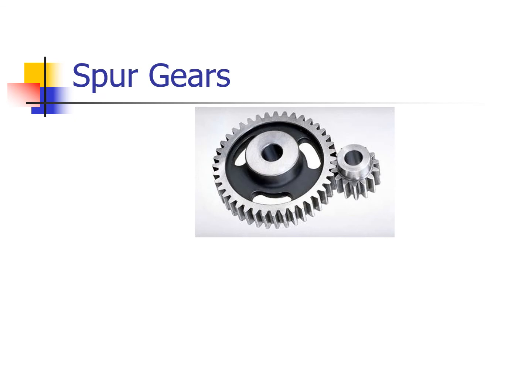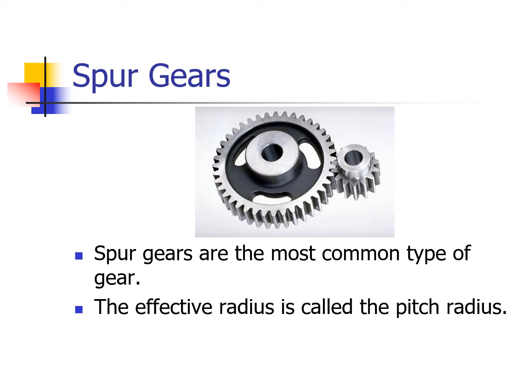So, different types of gears that you'll see out there. This is a spur gear, and this is the most common type of gear. If you look at the spur gear, I have the teeth on the outside, and I have a shaft in the middle of it, and the shafts have to be parallel to each other for this to work, right?